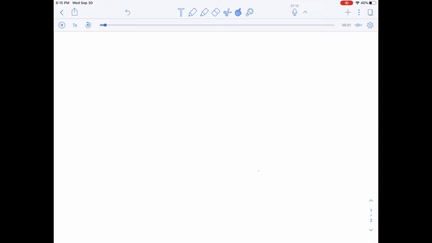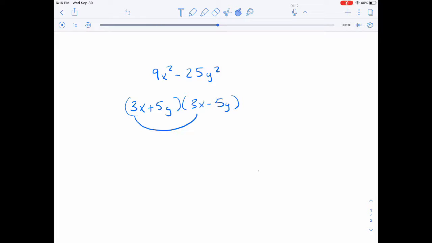Let's try one more. 9x squared minus 25y squared. Let's break this up into 3x plus 5y multiplied by 3x minus 5y. Let's distribute our 3x to our 3x to get 9x squared, distribute our 3x to our negative 5y to get a negative 15xy.